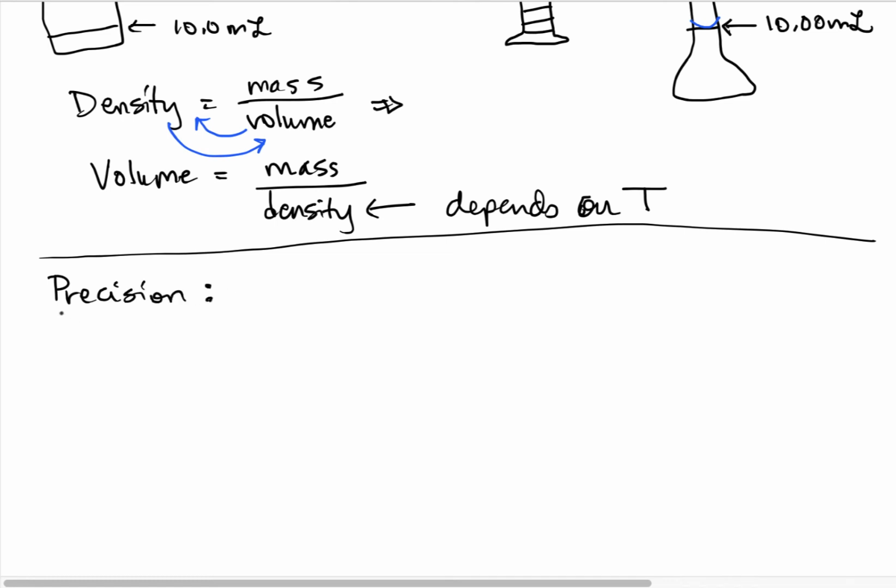All right. So precision is when multiple measurements, maybe I should define this slightly differently.